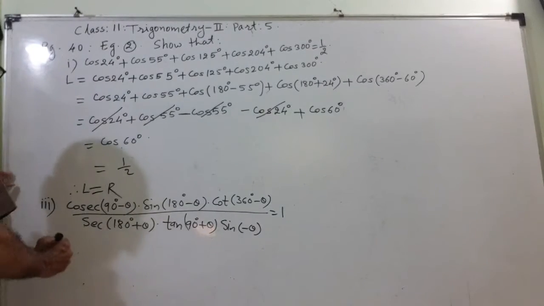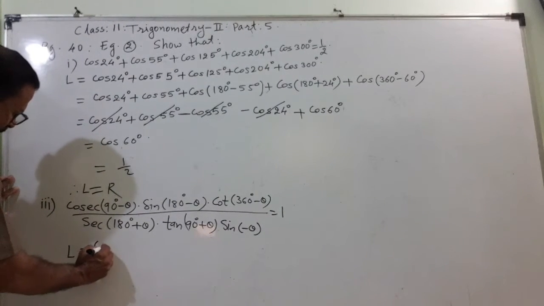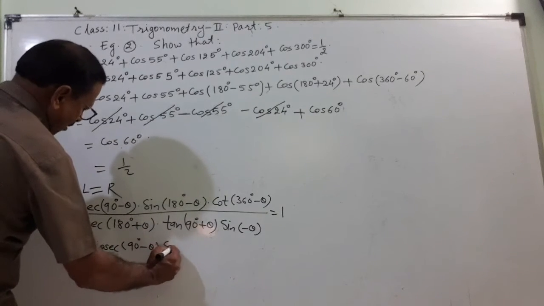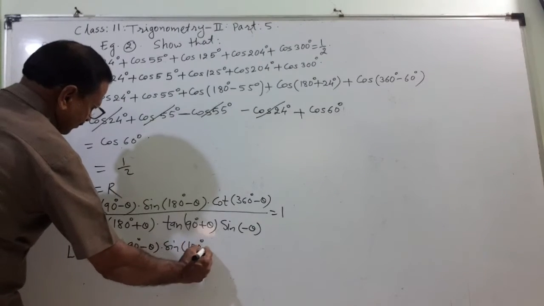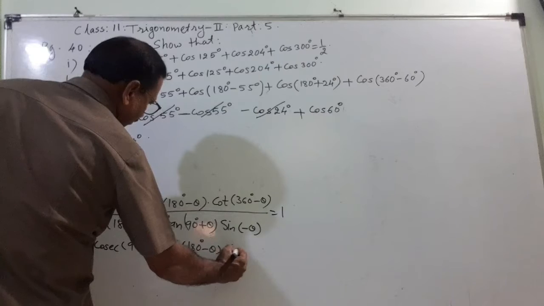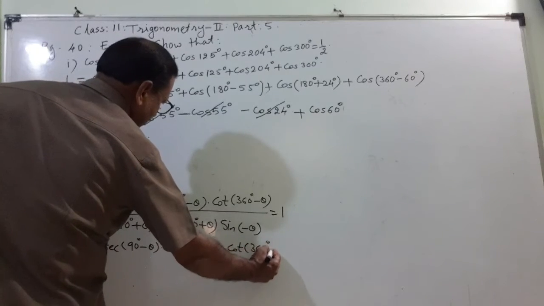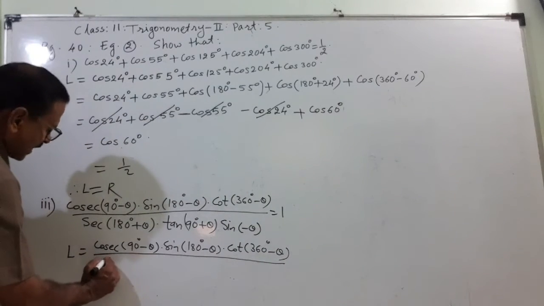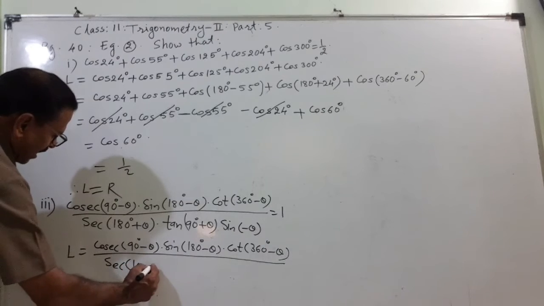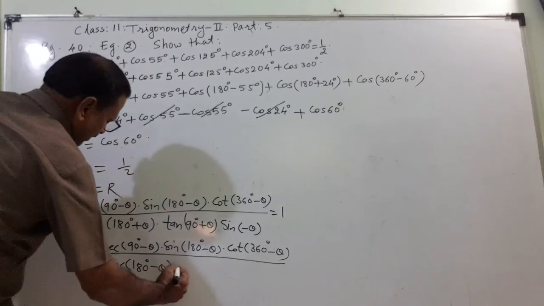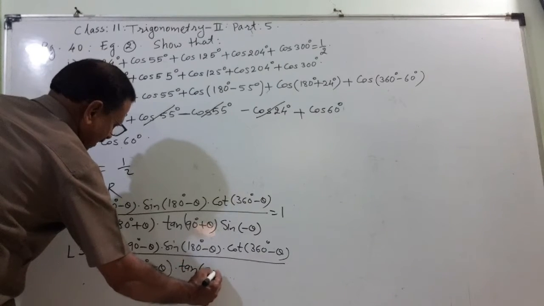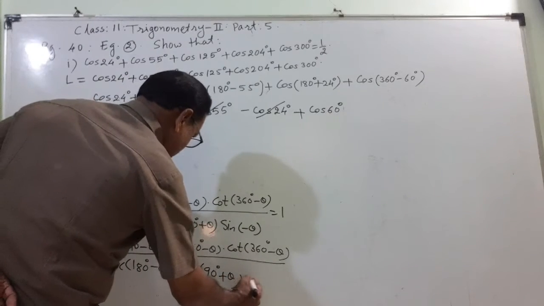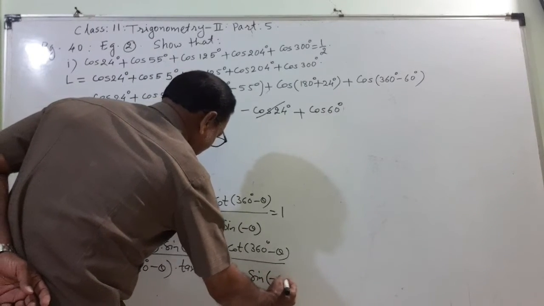So naturally LHS equals cosec of 90 minus theta into sine of 180 minus theta into cot of 360 minus theta upon sec of 180 minus theta into tan of 90 plus theta, and the last one sine of minus theta.